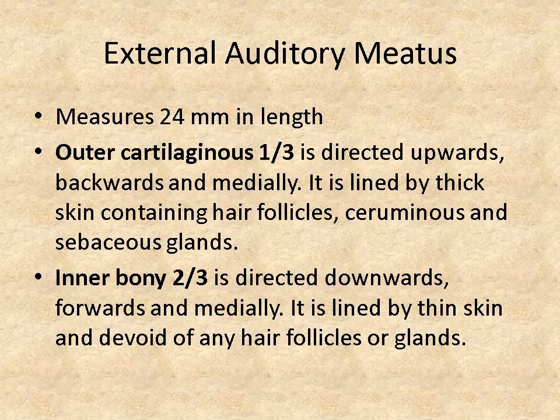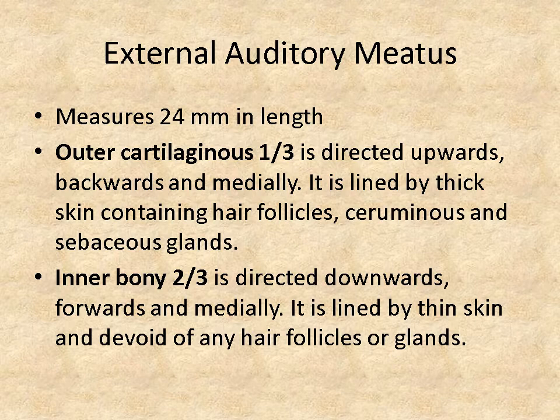The external auditory meatus, or the external auditory canal, extends between the auricle and the tympanic membrane, and it measures 24 mm in length. It's divided into two parts, the outer 1/3 and the inner 2/3. What are the differences between the two parts?